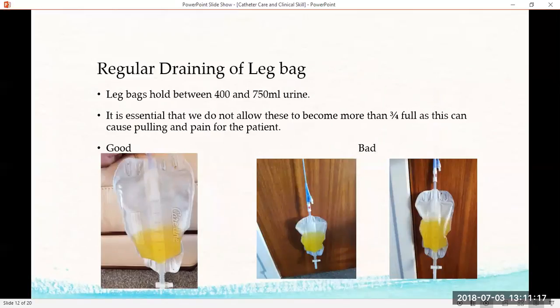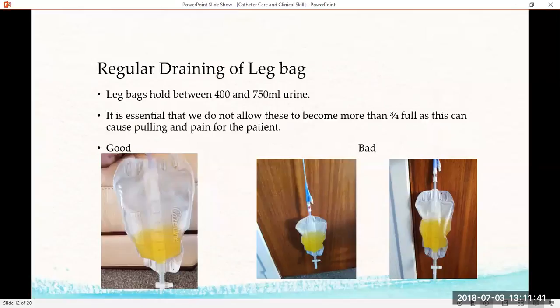Yeah. I think what your guide is, if it's beginning to pull, that's when you should start to think about emptying. So I personally wouldn't have thought that 250 was enough to empty. I think once you're getting above that 250 mils, it is beginning to become quite a weight that the patient can feel pulling down.